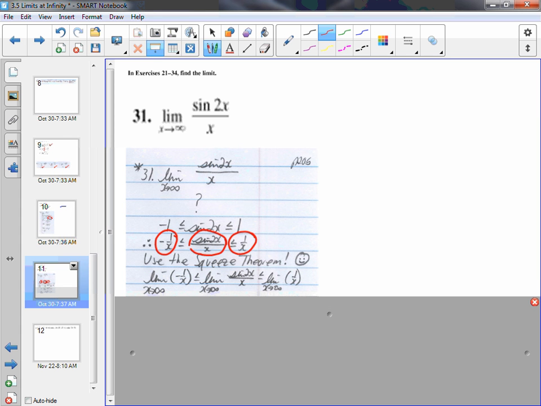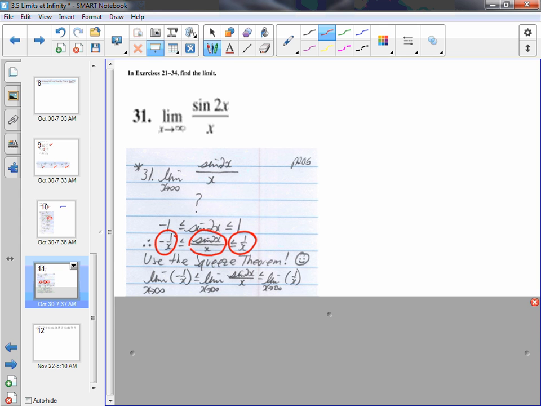Take the limit, then, of all three parts of that compound inequality. And we know what the limits at the ends are. What's the limit of 1 over infinity? 0. Even if it has a negative sign in front of it, we don't call it negative 0, do we? 0.